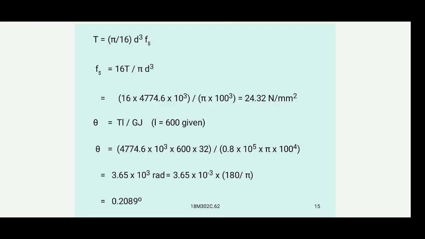So that is equal to 3.65 into 10 to the power of minus 3 radians. So that is 3.65 into 10 to the power of minus 3 into 180 by pi, that is equal to 0.2089 degrees.